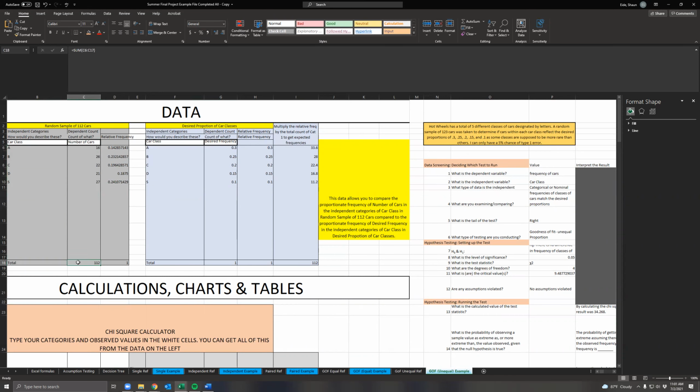So we have a total of 112 cars, and of those 112 cars, they are split up between 5 different classes: Class A, Class B, Class C, Class D, Class S. And depending on the class that they're in, they can race in different races.